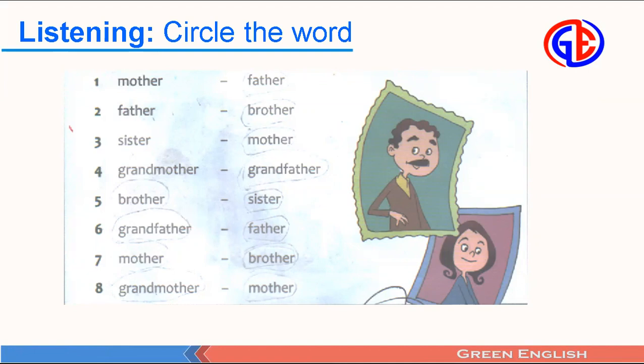Okay, so listen carefully. I will read each of these questions, maybe 2 times, so you can have clear information about the word that I am reading. Oke, so kalian catat aja dulu nomor 1 sampai dengan nomor 8 ya.